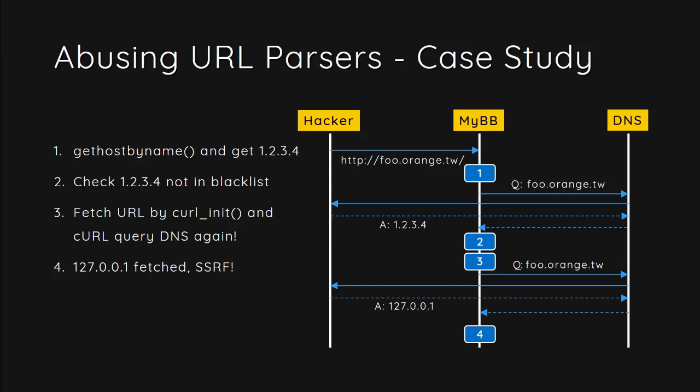After we pass the check, MyBB will fetch the URL by curl. The curl will query the domain name again. At the moment, we change the DNS record to 127.0.0.1. So the state in check is 1.2.3.4, but the state in use is 127.0.0.1. So that we can bypass the protection.